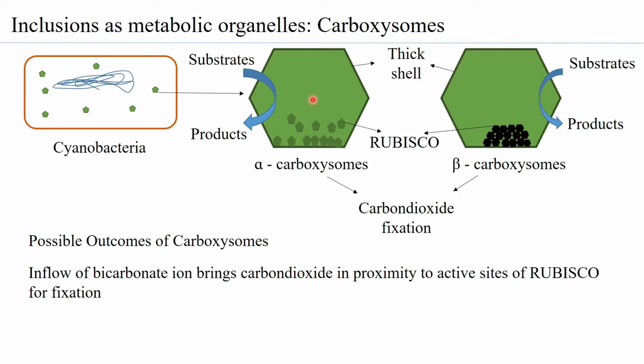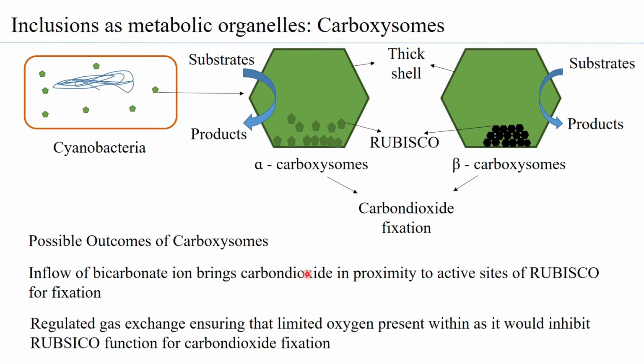Because there is a slow increase in the concentration of the bicarbonate, it comes in proximity of the active site of rubisco, and thereby the carbon dioxide can be fixed. As mentioned earlier, it regulates gas exchange, and so it ensures that there is minimum oxygen present within the carboxysomes. So this is a metabolic organelle that is present in many photoautotrophs.